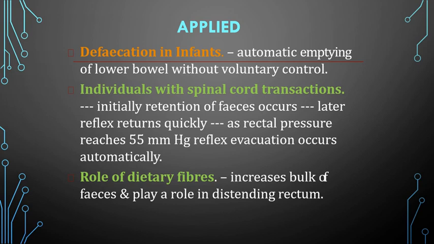Reflex evacuation occurs automatically. Dietary fiber is very important for large intestine motility. It increases the bulk of feces and plays a very important role in distending rectum. So usually this dietary fiber is advised in cases of constipation.